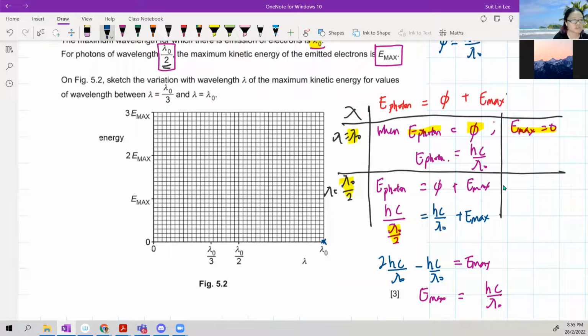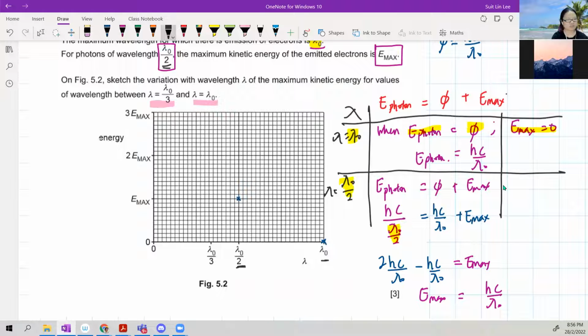And why did I do all this back-end work, although I can obviously plot this point just by reading the statement up here? It's because later on, they want us to find the variation from lambda naught over 3 to lambda naught. I can sketch the curve, or a straight line, I don't know, from this point to this point.